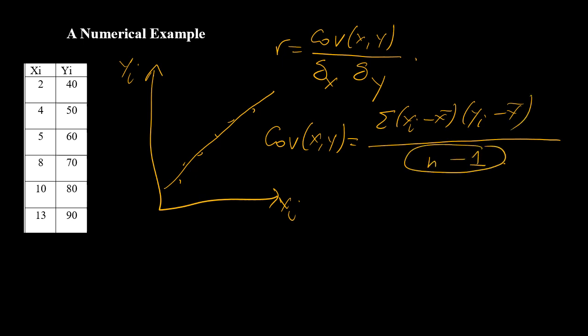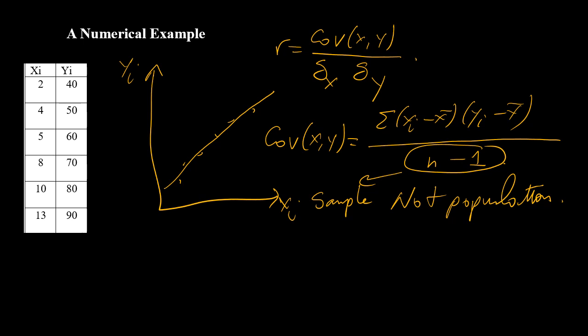Here we have divided by n minus 1 because we are talking about the sample which contains 6 students, and we are not talking about the population.